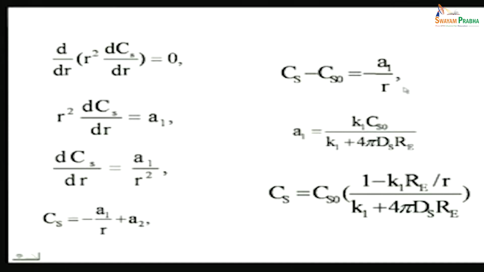So up to this is fine, right? All you need to do now is replace this into the first boundary condition and do a little bit of algebraic manipulation. So now you get your Cs as Cs naught times this number. Okay.